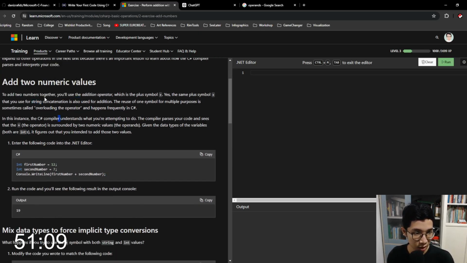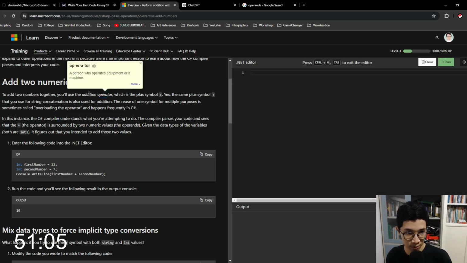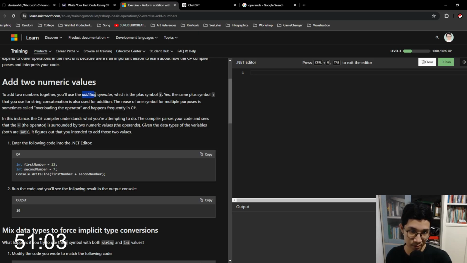Okay, add two numeric values. To add two numbers together, you will use the addition operator, which is the plus symbol. Yes, the same plus symbol that you use for string concatenation is also used for addition. The use of one symbol for multiple purposes is called overloading the operator, and it happens frequently in C#.